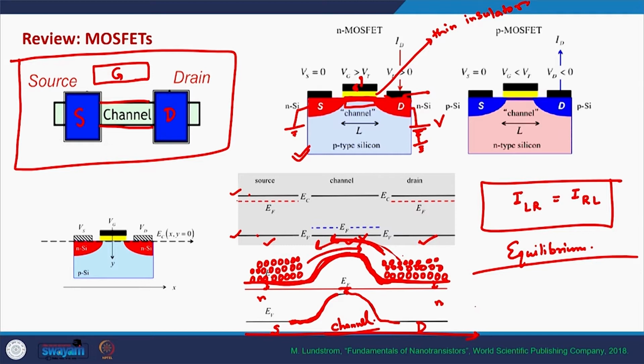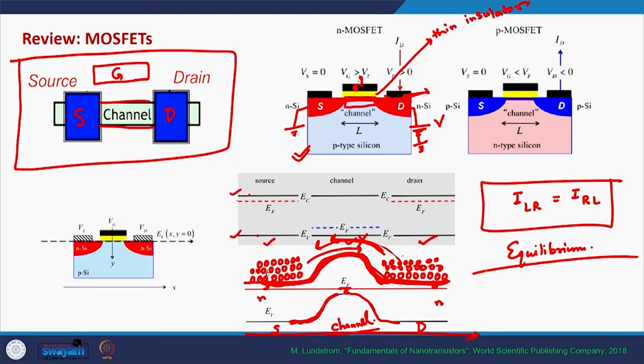When we apply voltage on either the gate terminal or the drain terminal, the barrier inside the device is changed, and by changing the barrier, the current inside the device is controlled.